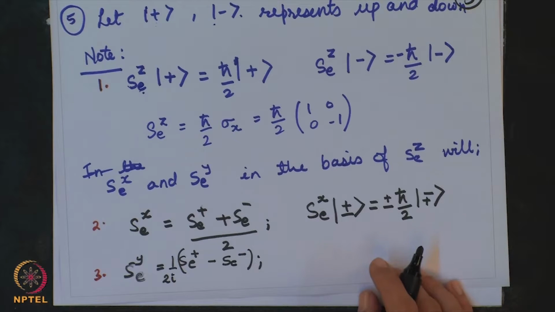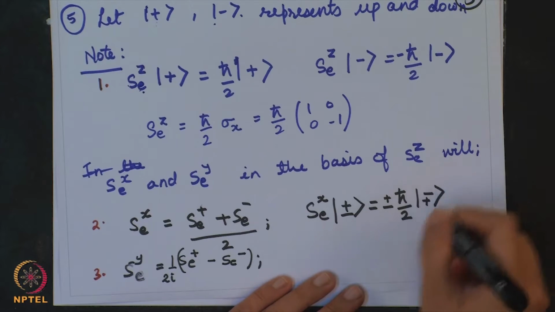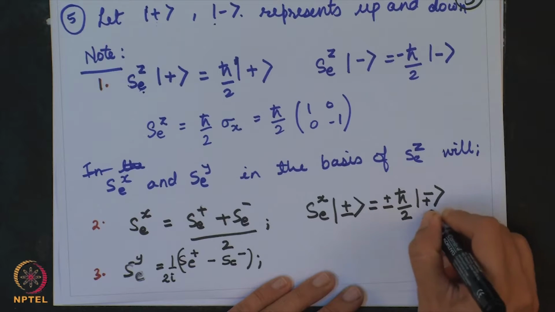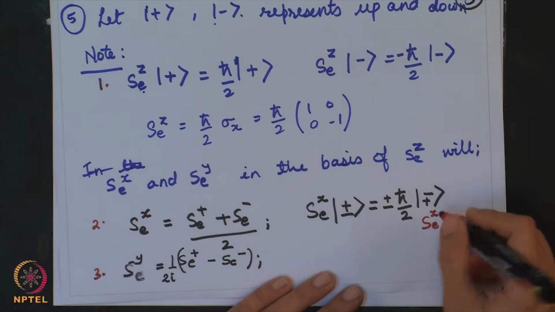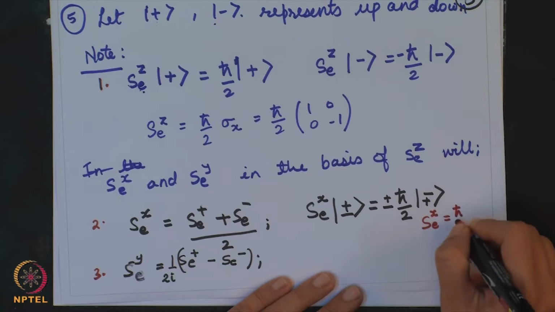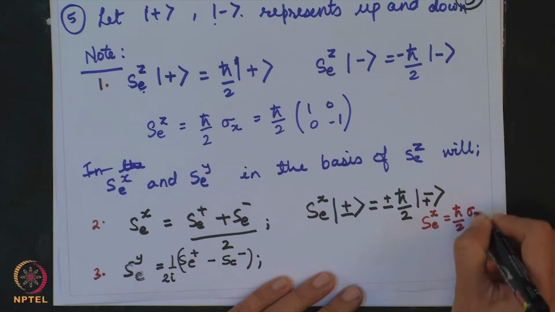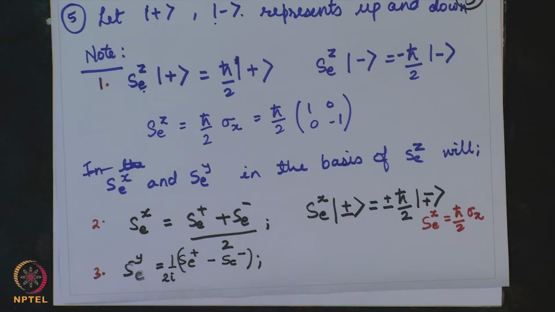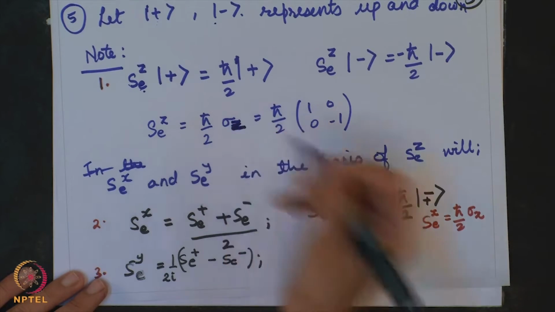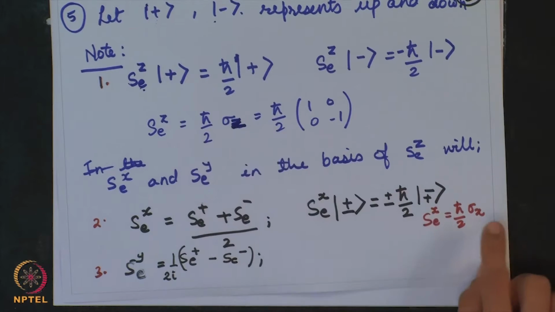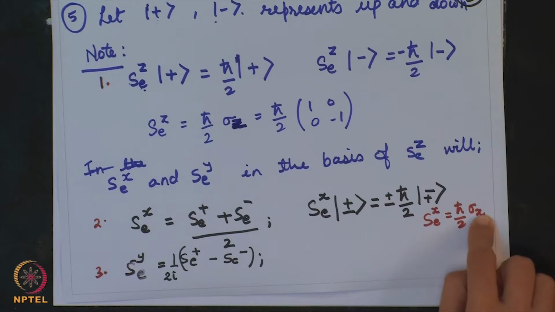Okay. Again I need not say, but you just recollect that Sex, in the similar manner as we did for Sez, that is the Z component, you will have similarly for the X component. Okay. So, this was the Z component. Let me correct this. This is sigma Z, this is sigma X. Sigma X will be 0 1 1 0.